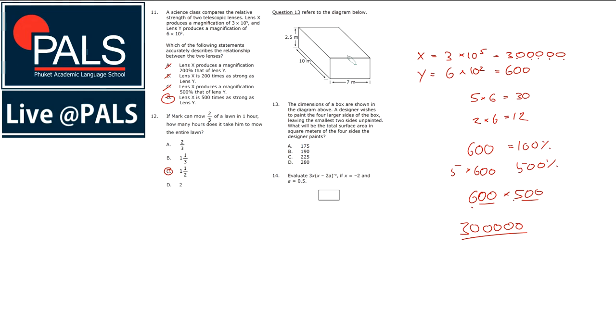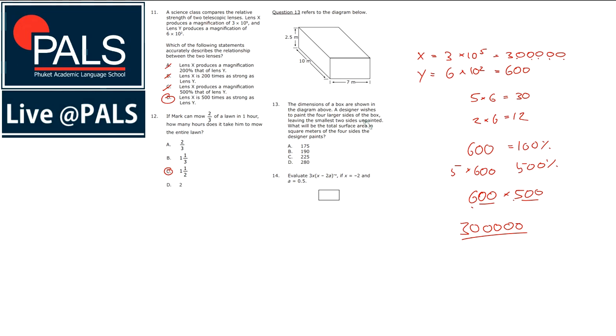So here we have a box with the dimensions shown. A designer wishes to paint the 4 larger sides of the box, leaving the smallest 2 sides unpainted.